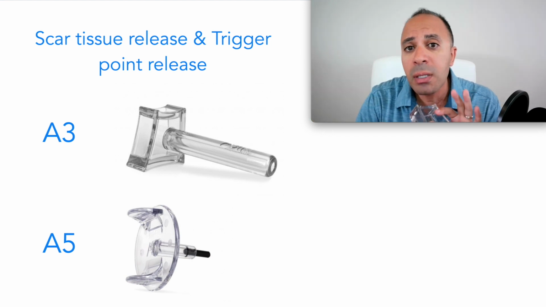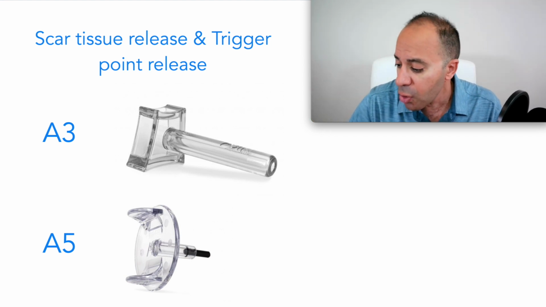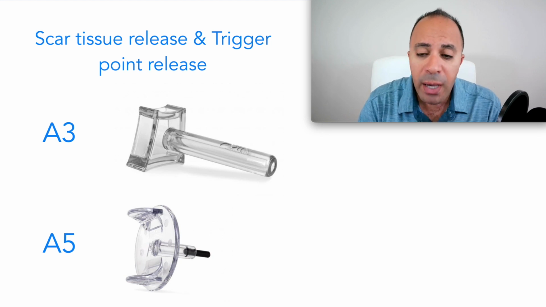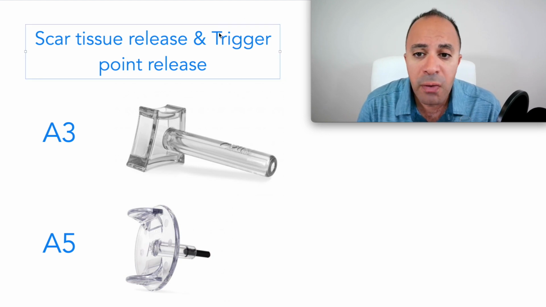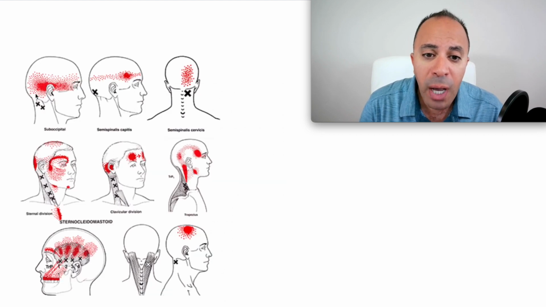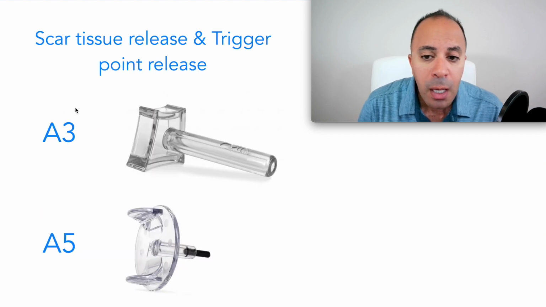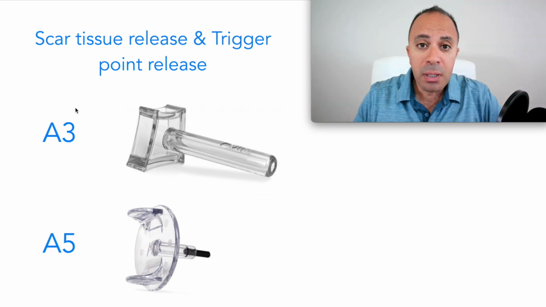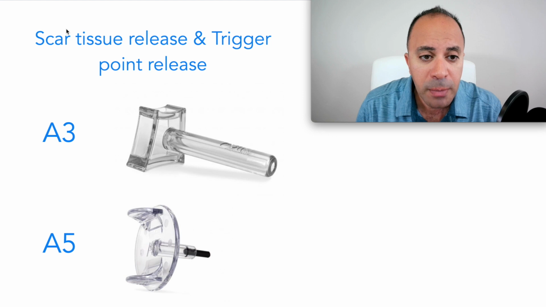That's working on releasing the superficial scar tissue. For deep scar tissue, I use the A5. The same tool, the A5, we also use to release trigger points, because it's very common to have trigger points with tension headache. So I use the A5 to really go deep, to release deep scar tissue and deep fascia restrictions.